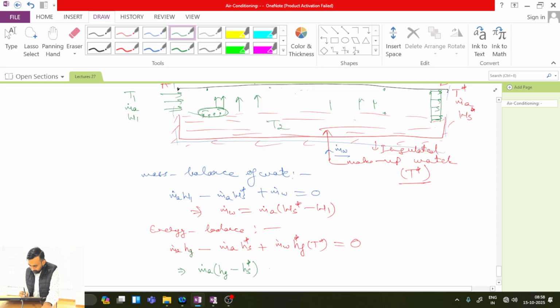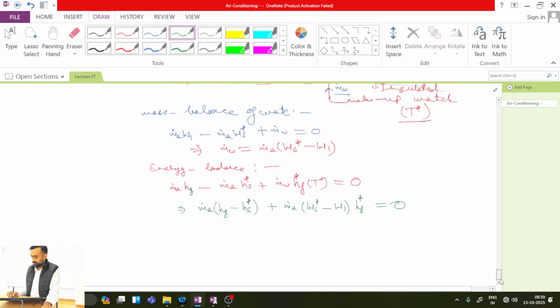Plus m dot W, which I can write as m dot A into Ws star minus W1, into Hf star, equal to 0. Okay. Anyone having any doubt about this?